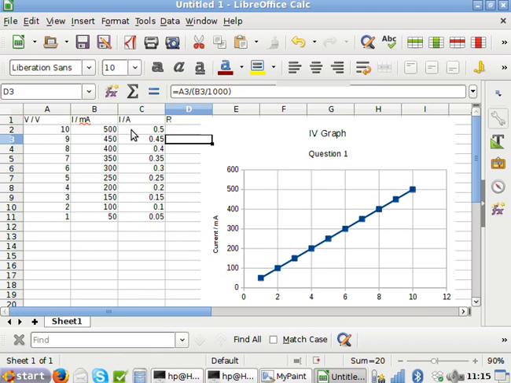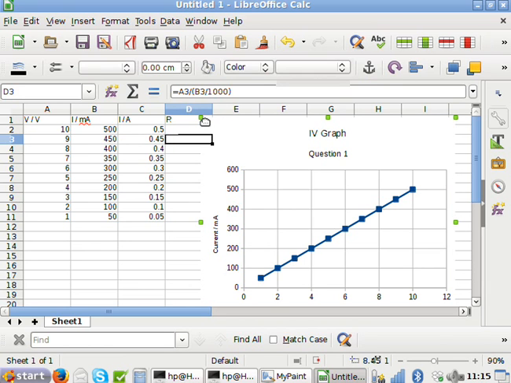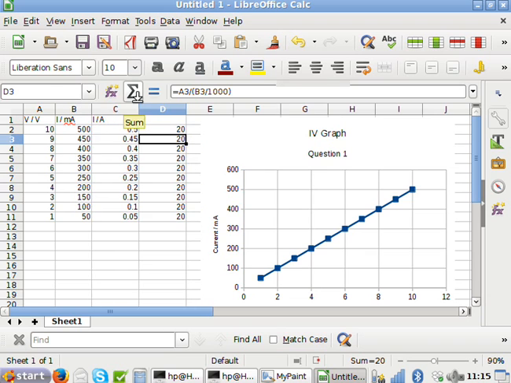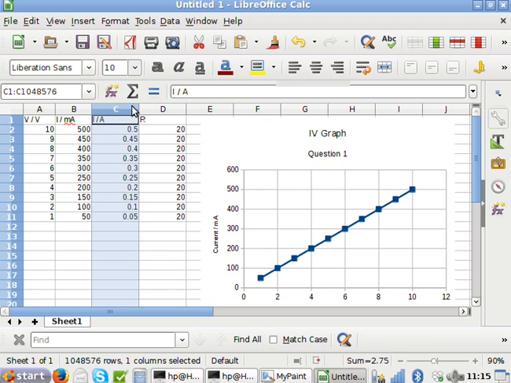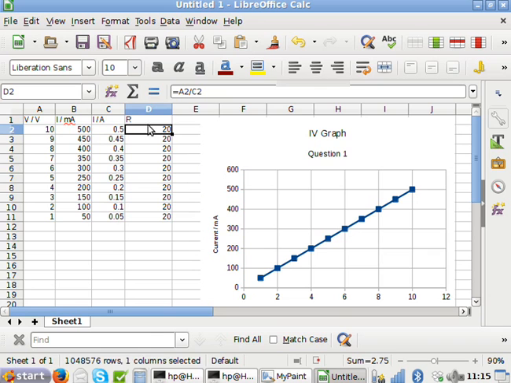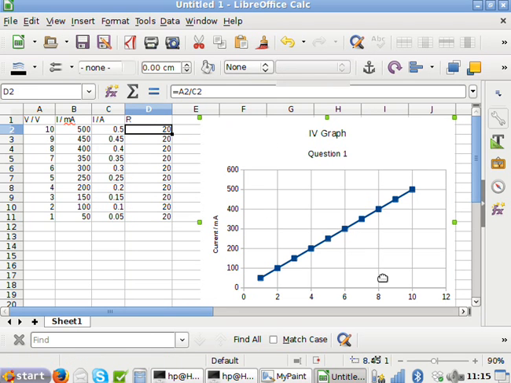Right, next is, what is the smallest and largest resistance? It's the same, it's 20 constant. What's wrong? You didn't get 20. Did you remember that these are milliamps? So I should change these into amps.